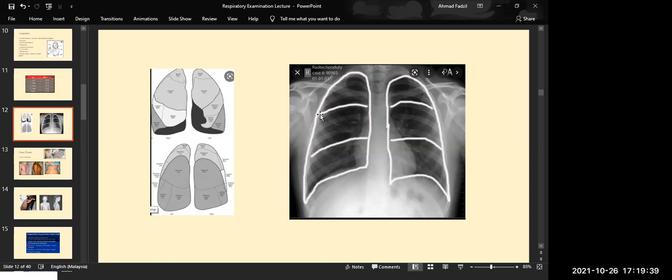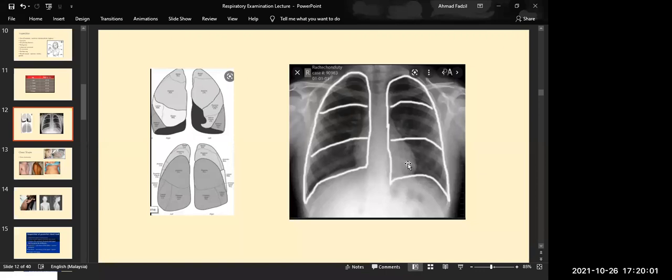Upper zone, usually second intercostal space and fourth intercostal space. Second rib and fourth rib. Because at the sixth rib, it will be the lower part of the lung already, lung tissue.